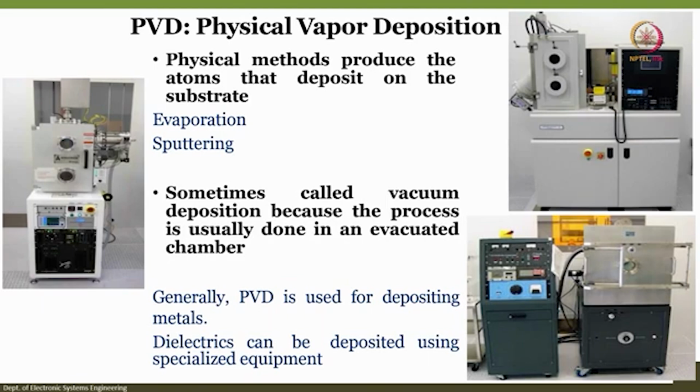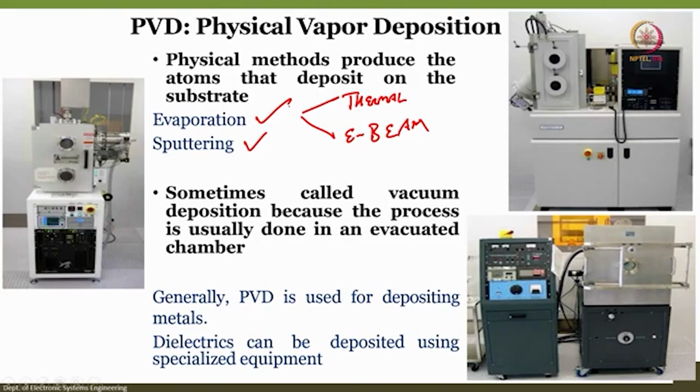Now, as I mentioned, we can divide physical vapor deposition into two techniques, evaporation and sputtering, and within evaporation you have thermal and e-beam. We also discussed that there are three deposition techniques, and that is why I said three.